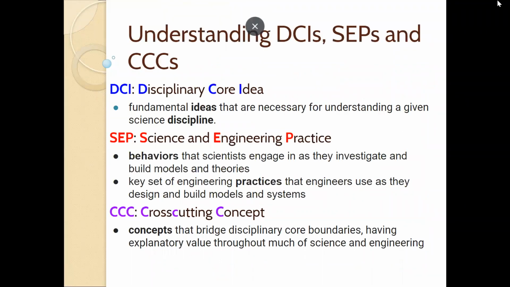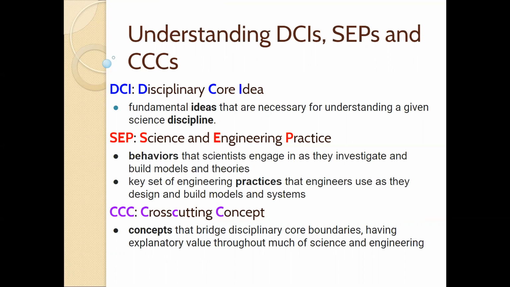A couple other things I'd like to talk about before we dive too deep into chemistry are the science standards that we are following in my class. There are a few things to understand about the science standards: DCIs, SEPs, and CCCs. DCIs are disciplinary core ideas, fundamental ideas that are necessary for understanding any given science discipline.